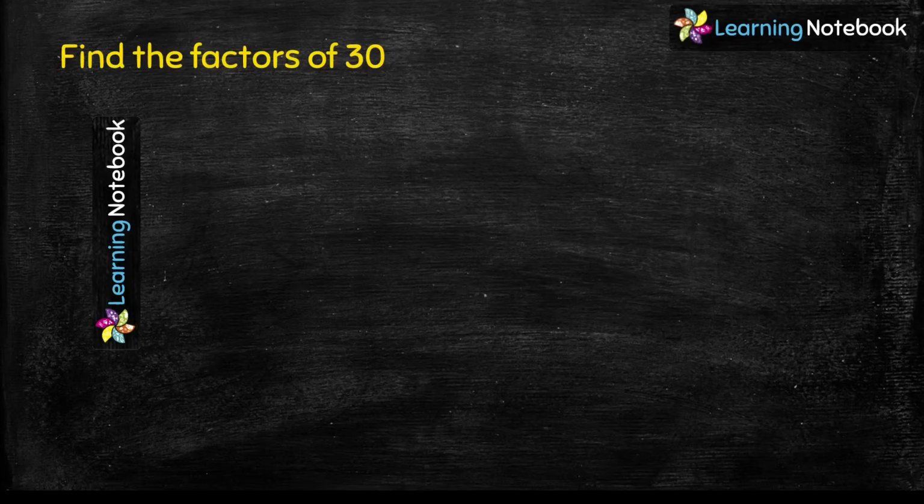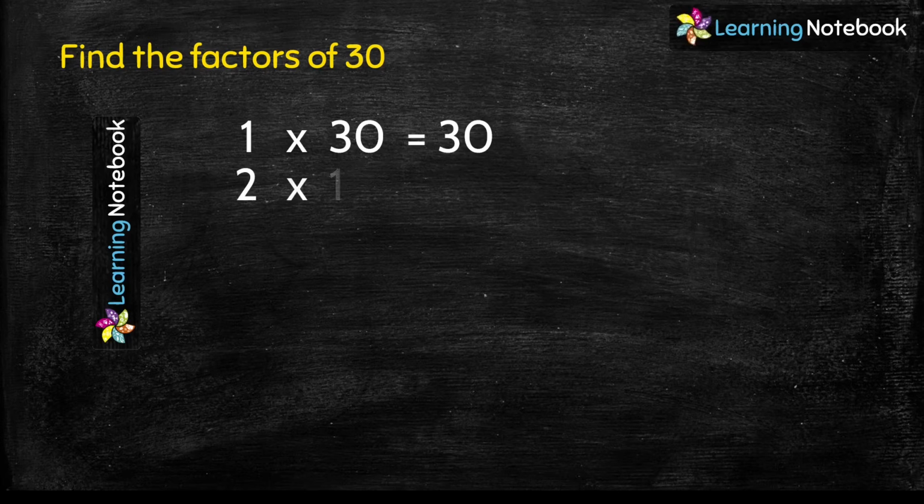Let's do one more question. Find the factors of 30. Again, to find factors of 30, we will start writing from table of 1. 1 into 30 equals 30. In the table of 2, 2 into 15 equals 30.